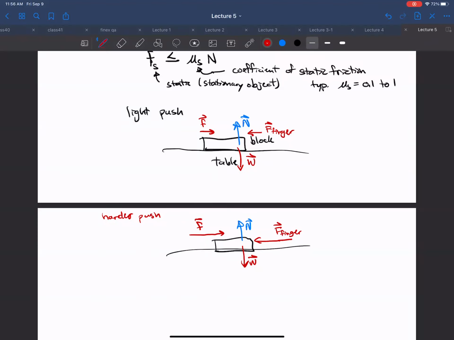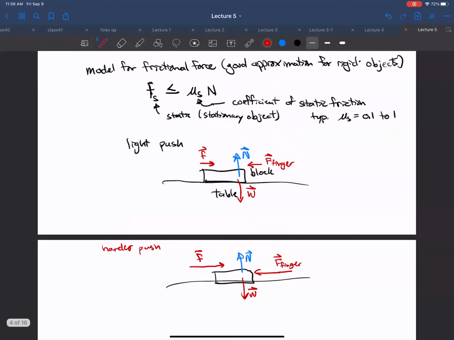So this is telling us that the frictional force is variable. It's as big as it needs to be to keep the thing from moving. So that's why we have the less than or equal to in this equation, because it's variable up to a certain maximum. If I push hard enough, I can start to move the object.